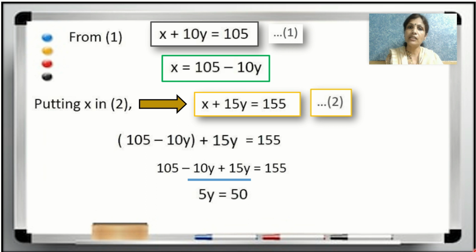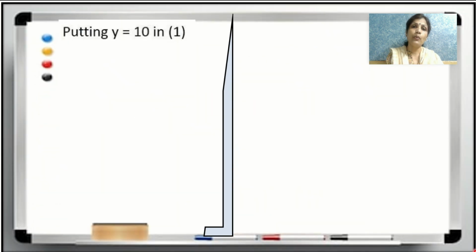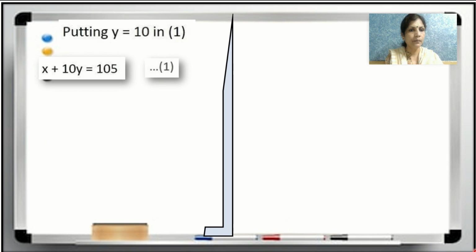So we have calculated the value of y. Now we'll find out the value of x. Putting this value of y in equation 1, x plus 10y is equal to 105. We'll put the value of y as 10 here. So x plus 10 into 10 is equal to 105.